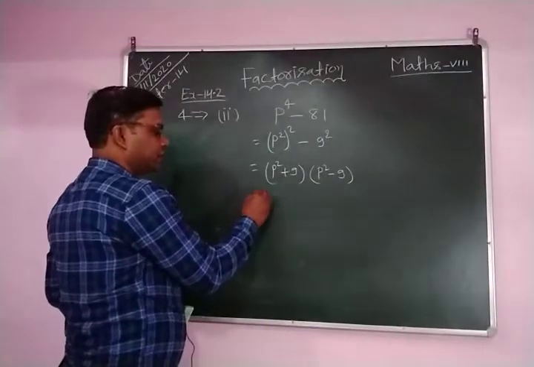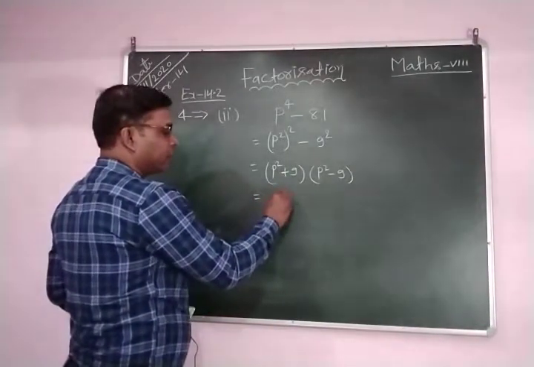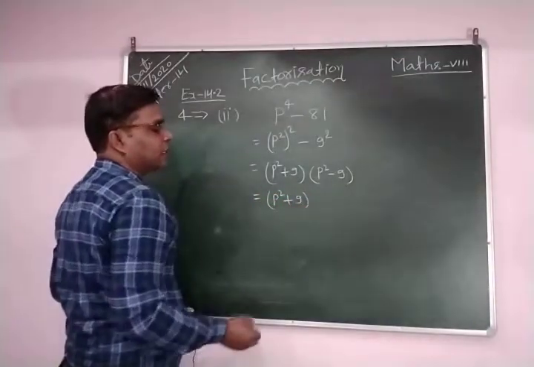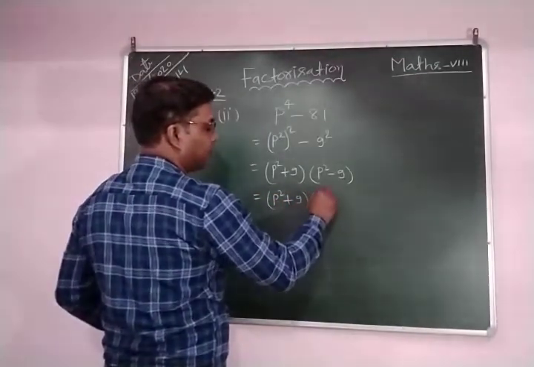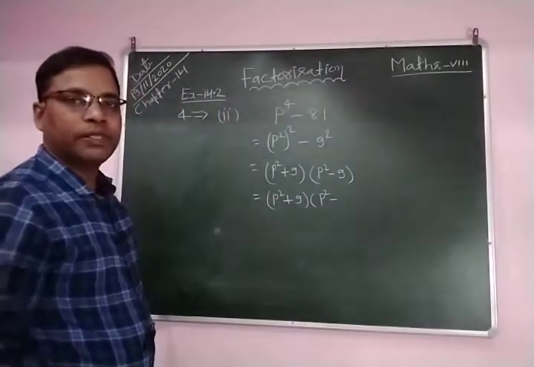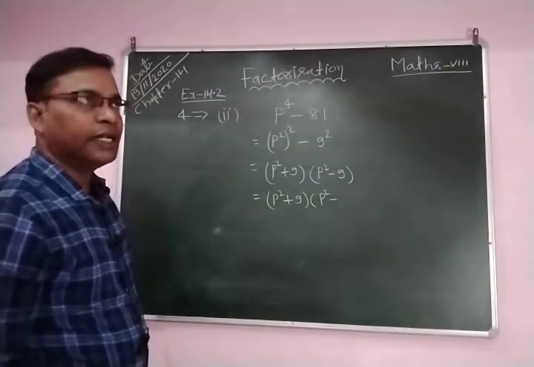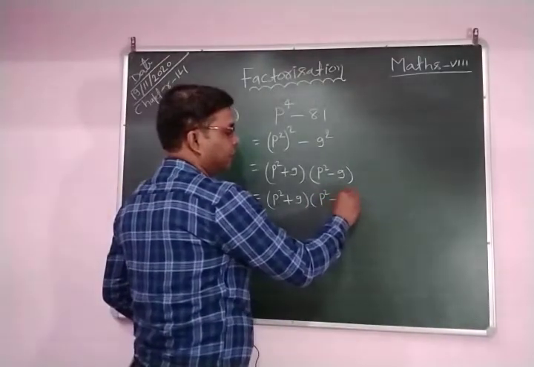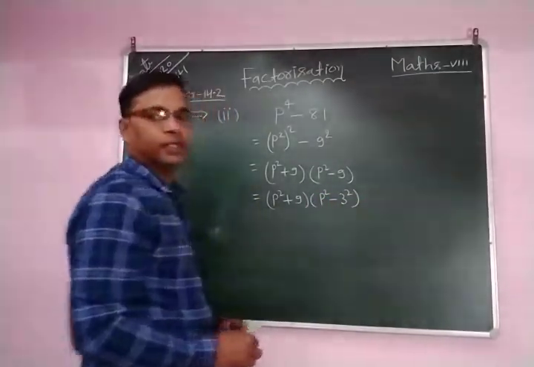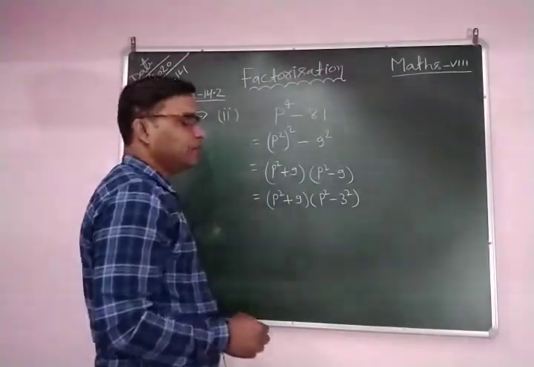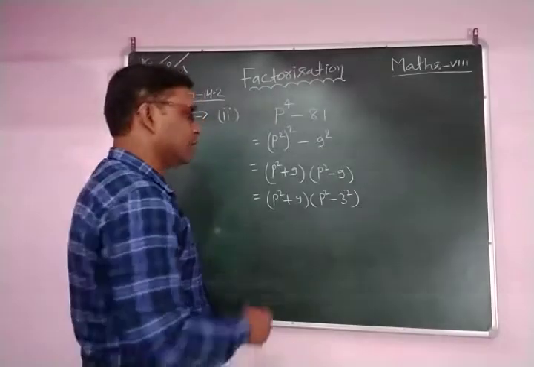So here we can also write it p square plus 9 as it is into p square minus 9. 9 is what? 9 is the square of 3. Clear? P square plus 9 into p square minus square of 3.